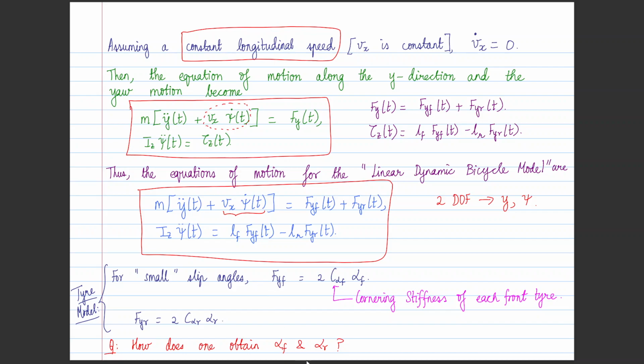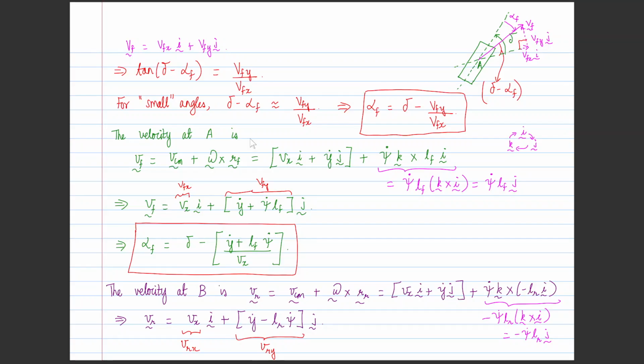So how do we obtain alpha f and alpha r? If we take Vf as Vfx plus Vfy, Vf is the speed in this direction, right? And if we consider small angles, if we were to take this right triangle, delta minus alpha f can be approximated as Vfy by Vfx.